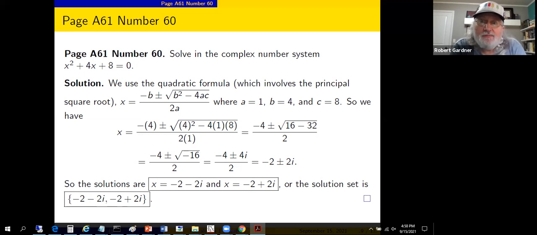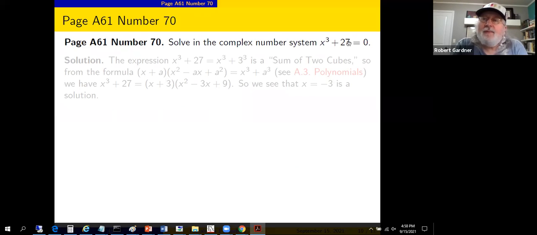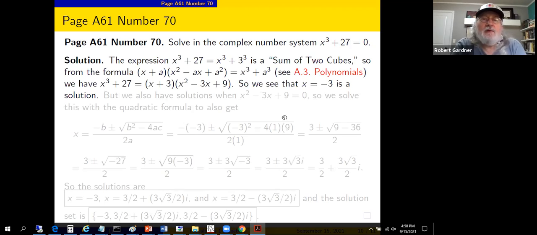Let's do another one. Okay, how about x cubed plus 27 equals 0? All right, that's a sum of two cubes. We're not really well equipped to deal with cubes. We did have a formula that told us a way to factor a sum of two cubes, it was this formula right here.